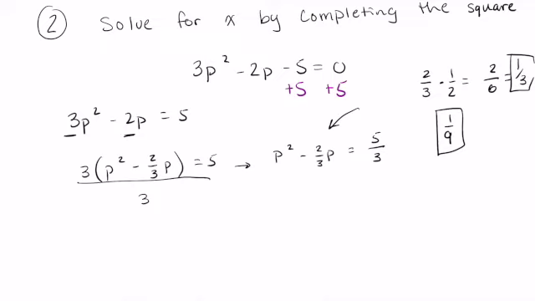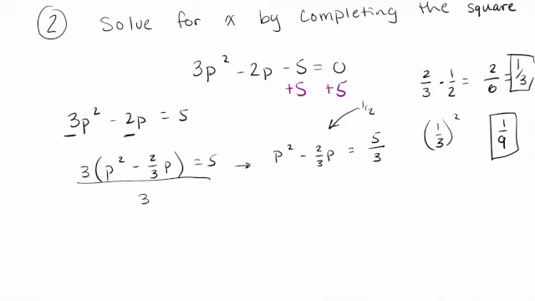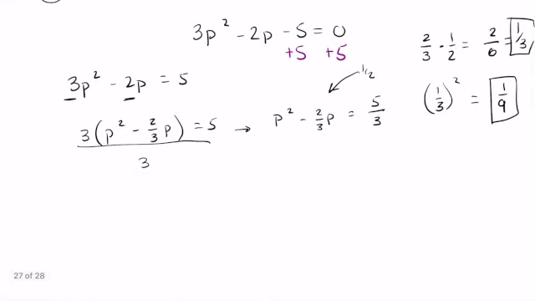Okay, so again, this is no different than what I've done in the past. I took half of that b value, that gave me 1/3, and then I simply squared it. And that gave me 1/9. So now I'm going to add 1/9 back to both sides.